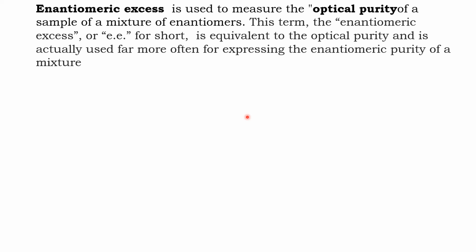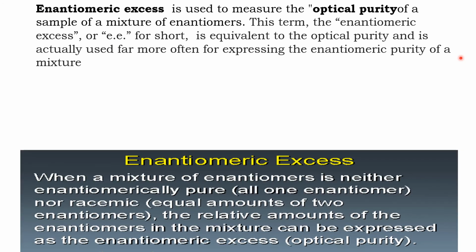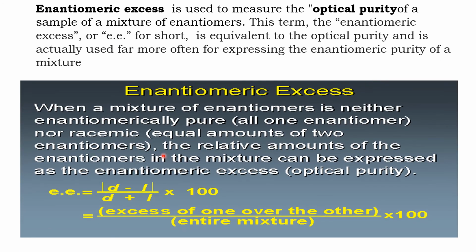So enantiomeric excess is used to express the purity of enantiomers. We could define enantiomeric excess when a mixture of enantiomers is neither enantiomerically pure nor racemic. The relative amount of the enantiomers in the mixture is expressed by the term enantiomeric excess.